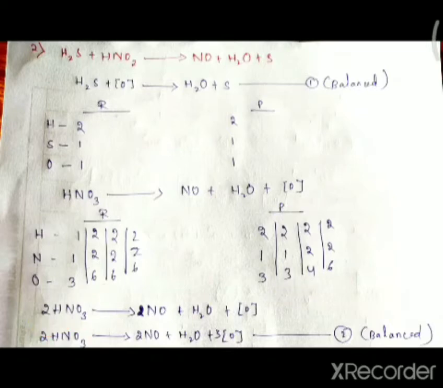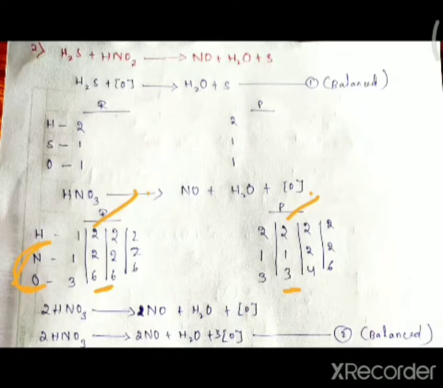Okay, then in the second step what will we do? So, here you can see we got 2 hydrogen on both sides, but the nitrogen and oxygen are left to balance.